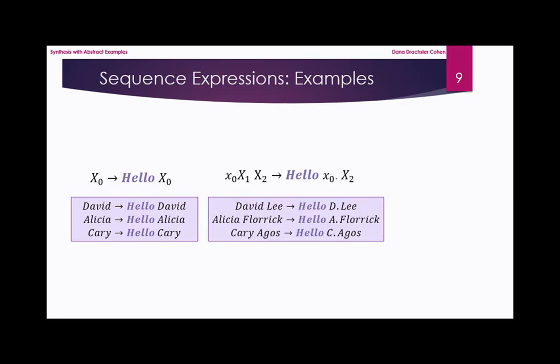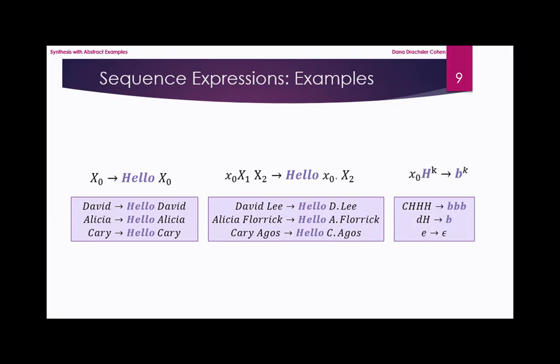Now, in the second example, we see another kind of variable, the lowercase variable, which represents any character, that is, a string of length 1. And what we see here is that if we have two strings, such that the first one consists of at least one character, the output would be hello, and then the initial of the first string, a dot, a space, and then the second string.